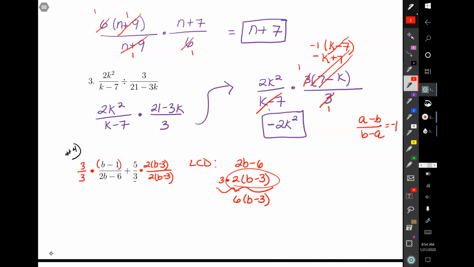So I end up in the top, I'm going to have 3b minus 3. And then in the denominator, I would have that 6b minus 3 once I calculate all that out, or 6 times quantity (b minus 3).